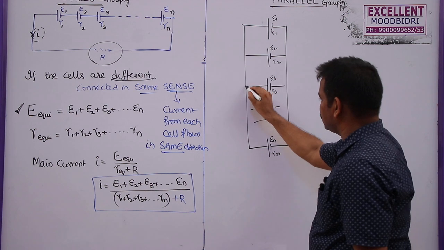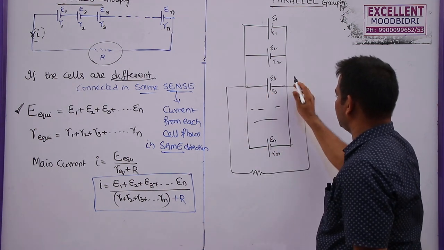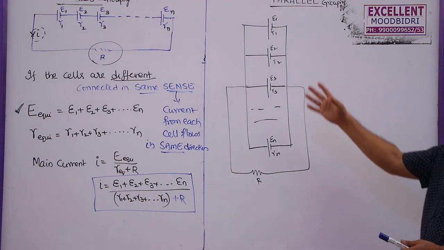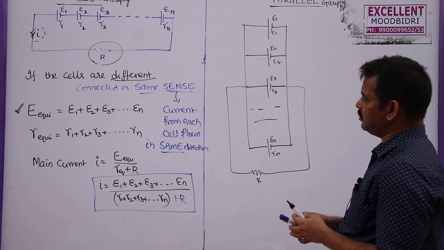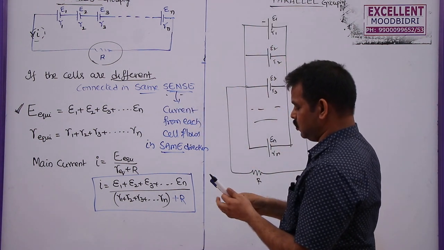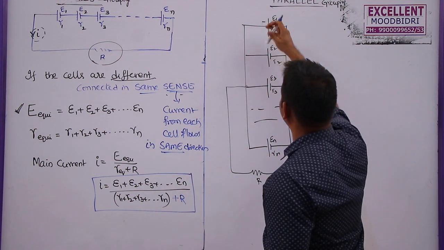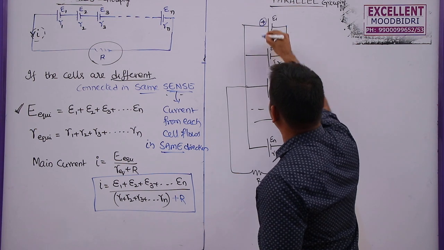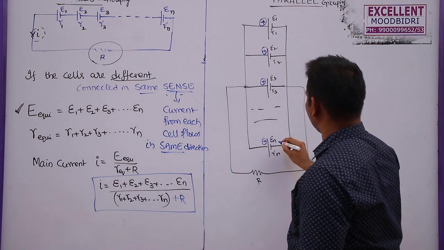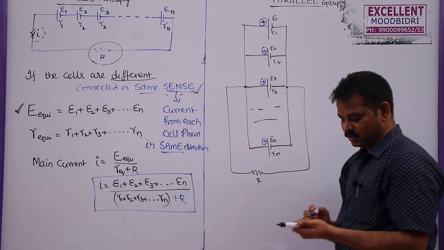This is connected to an external resistance capital R. As the cells are different but once again connected in the same sense, because all positive terminals are connected to one point and all negative terminals to another point, they are said to be connected in same sense.